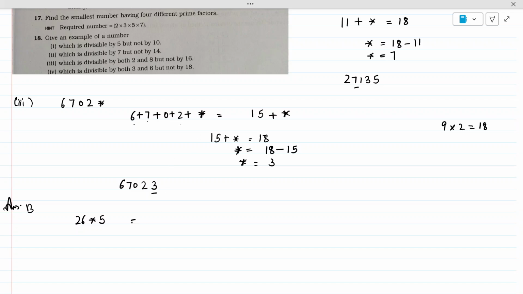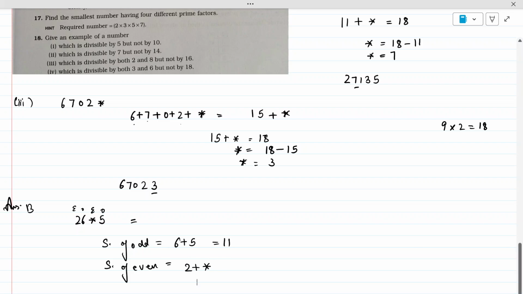So what we have to do, first let's mark odd, even, odd and even, right? And then take the sum of these. The sum of odd is 6 plus 5, 11. The sum of even is 2 plus star. Okay, so we have this.